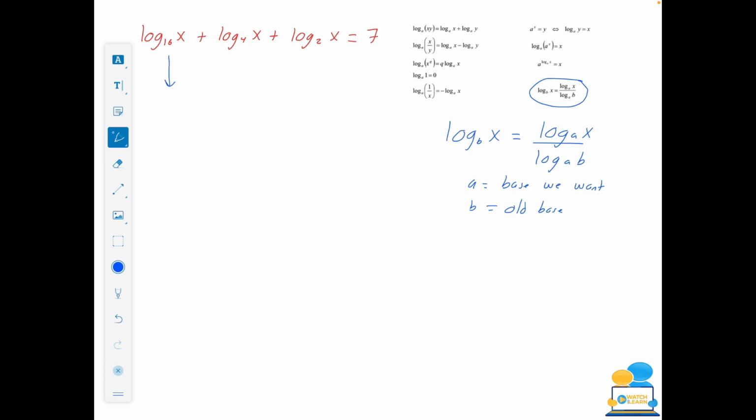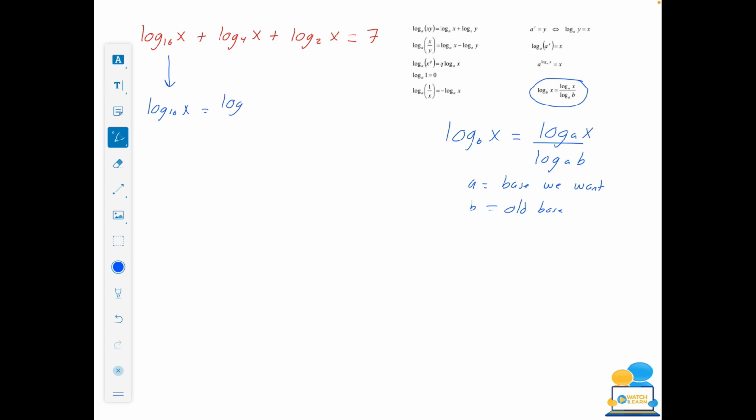So I'm going to take all the parts separately. First I'm going to take log to base 16 of x. b is our old base, so b is 16. And a is the base we want, so we're going to change it to base 2. How did I pick 2? We usually go with the smaller number, or the smallest possible base that we want to match it up with.